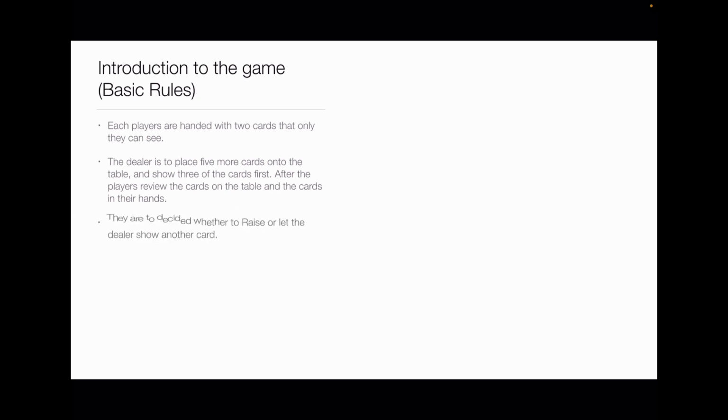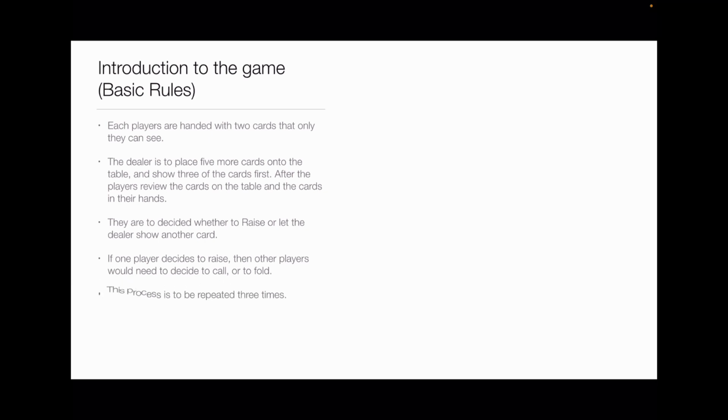If one player decides to raise, then the other player must decide to call or to fold. To call is that they will place the same amount of chips into the pool as the previous player did in order to see the card. And to fold means that they automatically lose the game.